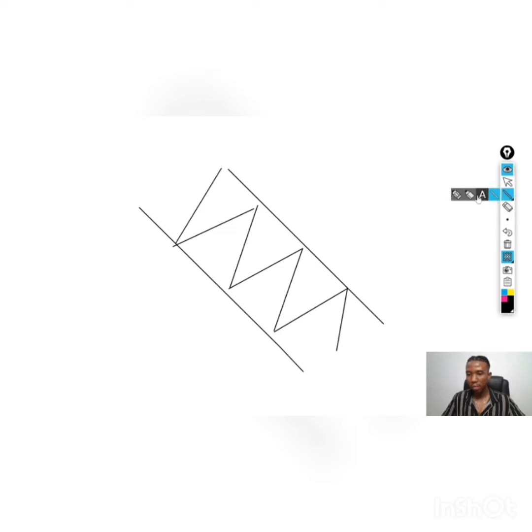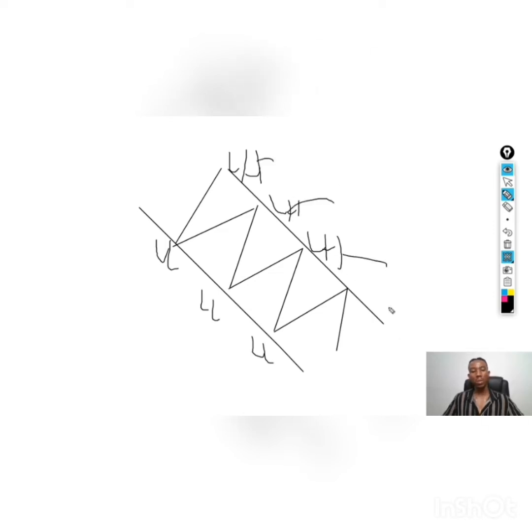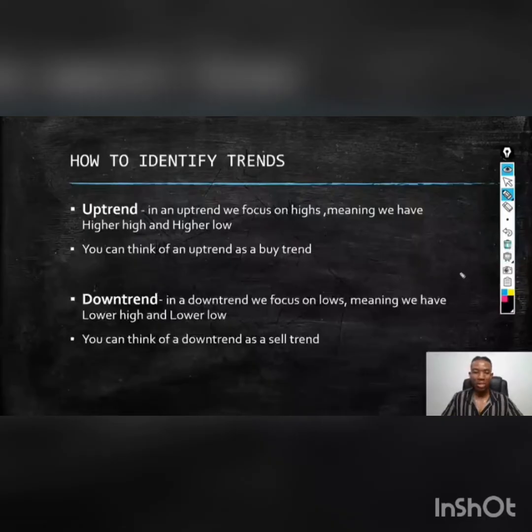And then we have lower highs at the top, and then we have lower lows at the bottom, meaning this is the high part of the channel, but each high is lower than the previous one. And this is the low part of the channel, and each low is lower than the previous one, hence lower low, and here lower high. Okay, so that is just how to identify a trend.